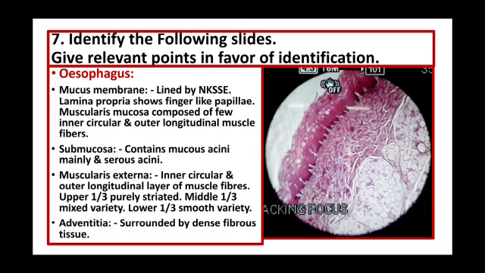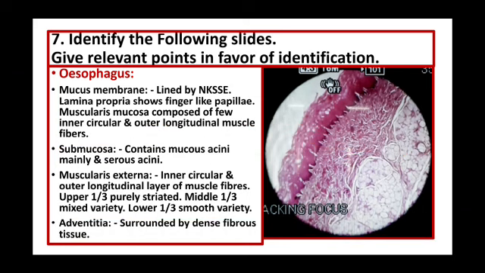Muscularis mucosa contains few inner circular and outer longitudinal muscles. So that is about the mucosa. Next, coming to the submucous layer, where mucous acini are seen in large numbers and few serous acini also seen.